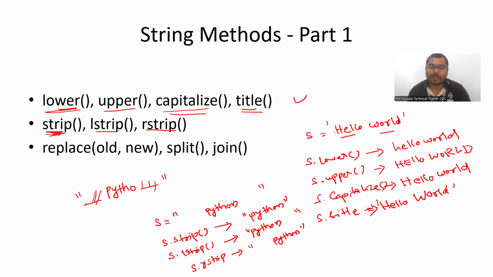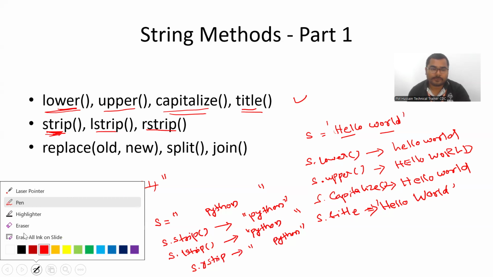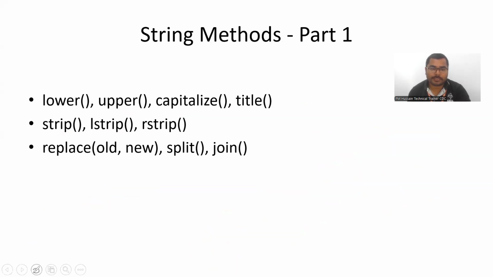Okay, so then we have another method, the replace method. Let us discuss this replace method. The replace method will take two parameters, old and new. Let us assume that you have Python.